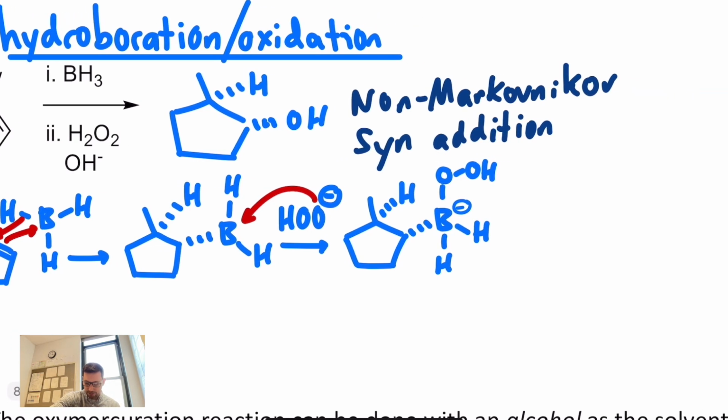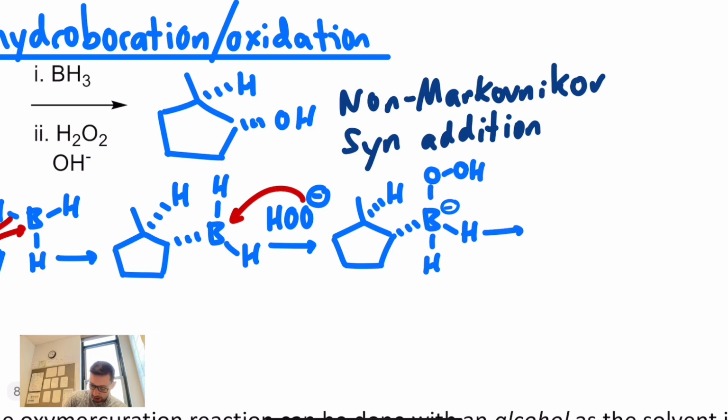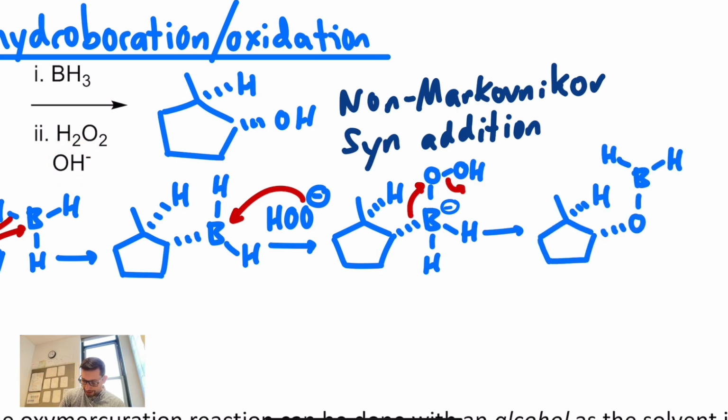Well, this collapses sort of on its own, where the carbon-boron bond right here breaks, and those electrons attack the oxygen of the peroxide, and then the peroxide bond, which is a notoriously weak bond, breaks and kicks out a hydroxide. We're under basic conditions, so it's okay to kick out a hydroxide leaving group. That turns into an intermediate that looks like this, where you've essentially inserted an oxygen in between the boron and the carbon, which we bonded earlier in this step.